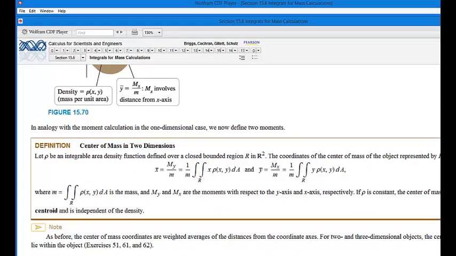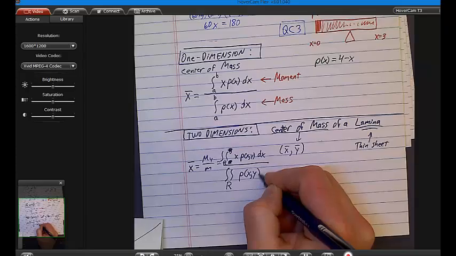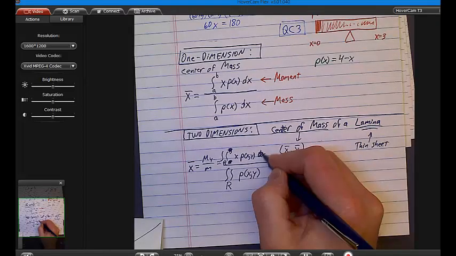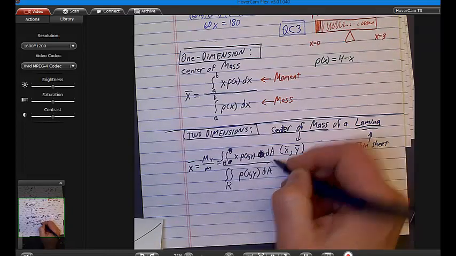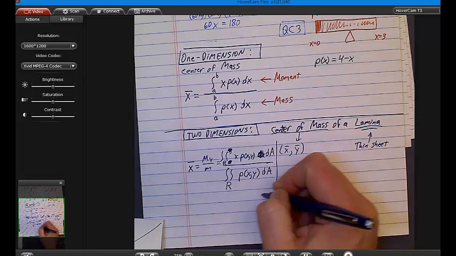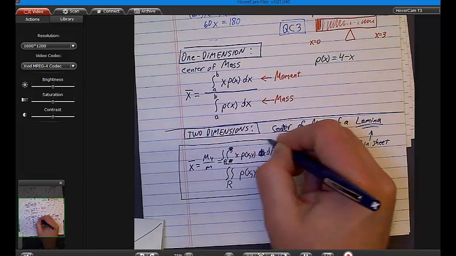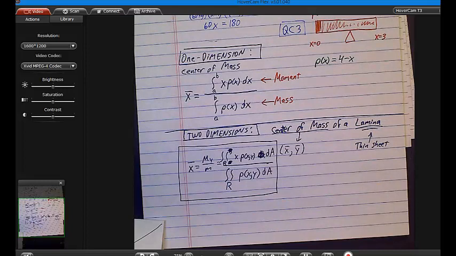And so that's where instead of a and b, we put an R. You integrate rho of xy, and instead of writing dx, let's write dA. So here is a nice formula, which is a generalization of what we did up there, x bar.